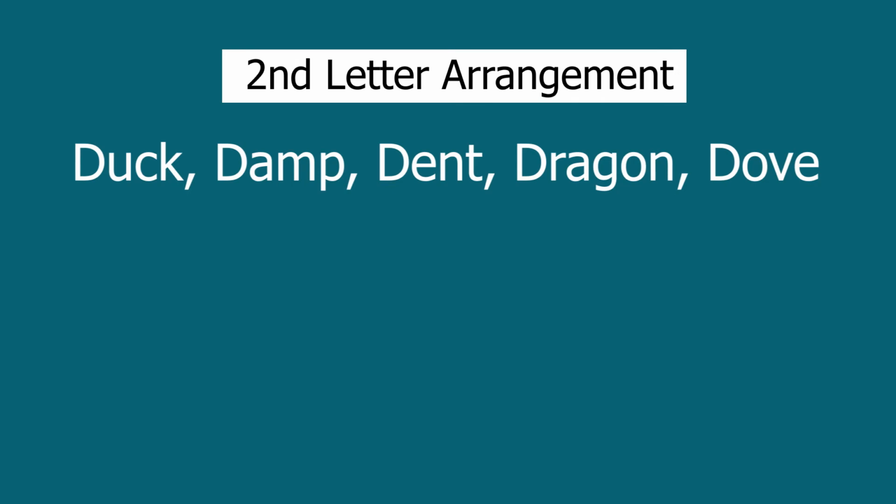Now in this case, because they all begin with the same first letter, we look at the second letter in each word. So you see, if we're to use the second letter in each of these words, the letters we would use are U, A, E, R, and O. Each of those letters appear in the second place of each of the words.